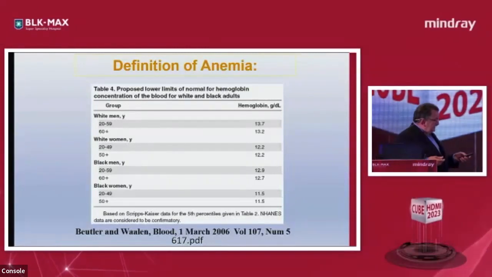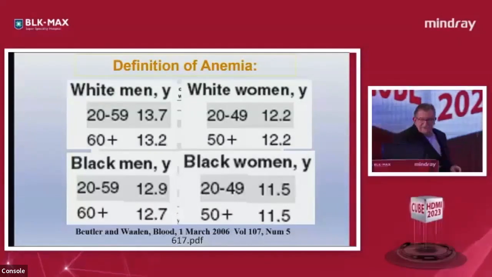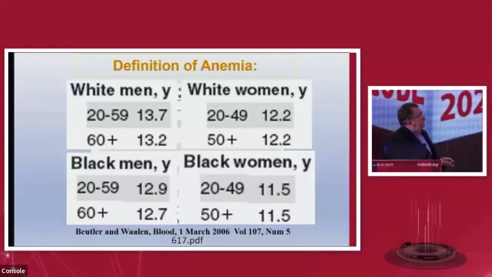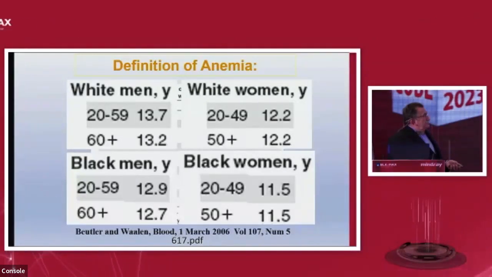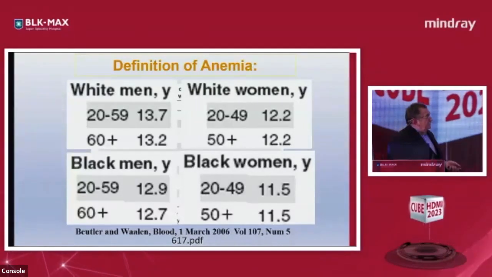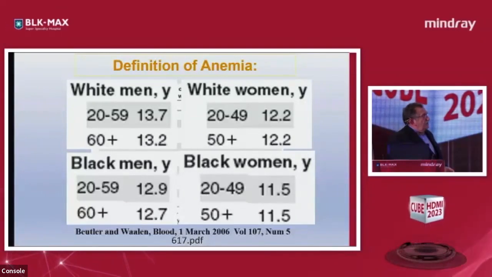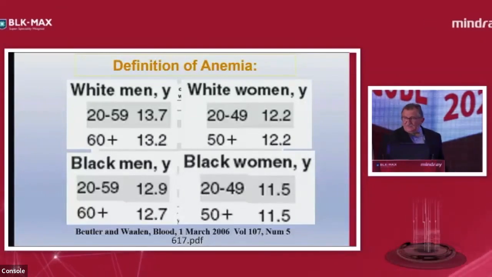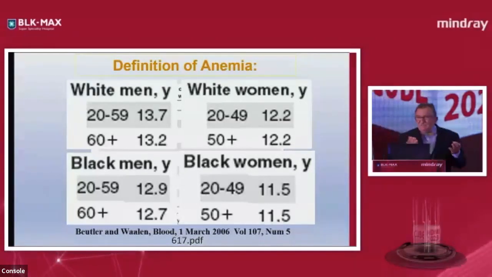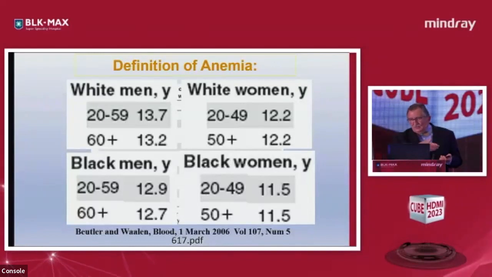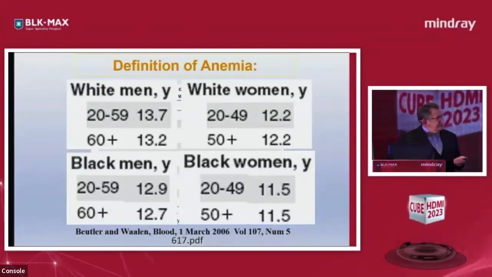I recommend using criteria that say anemia in men is less than 13.7, or less than 13.2 if you are more than 60. And for the ladies, less than 12.2, and not less than 12. You can investigate persons that are at 12, do the anemia panel, and you will find that many of them have a latent deficiency.